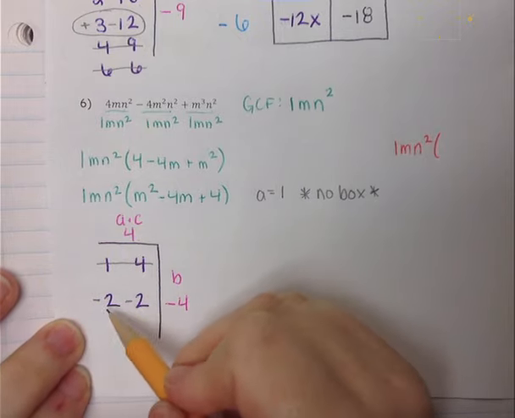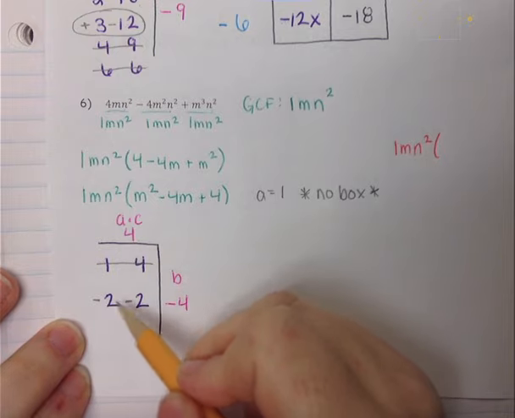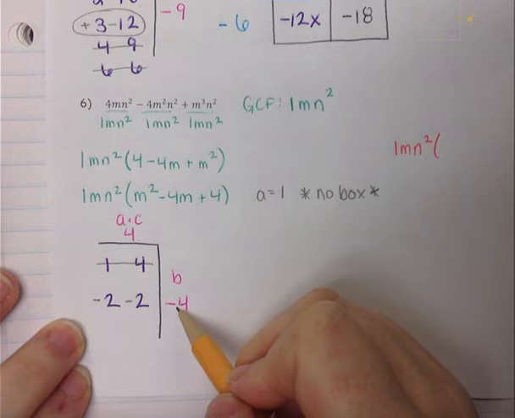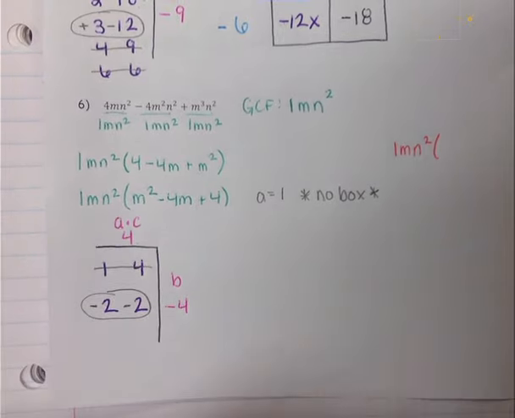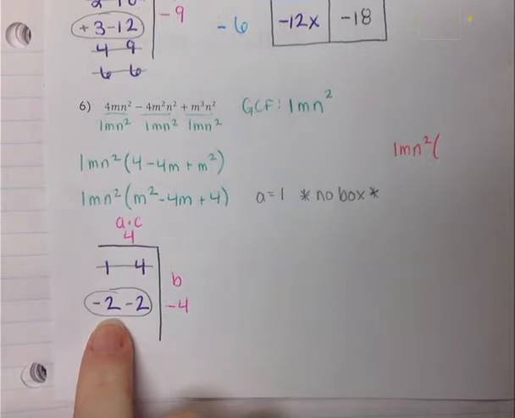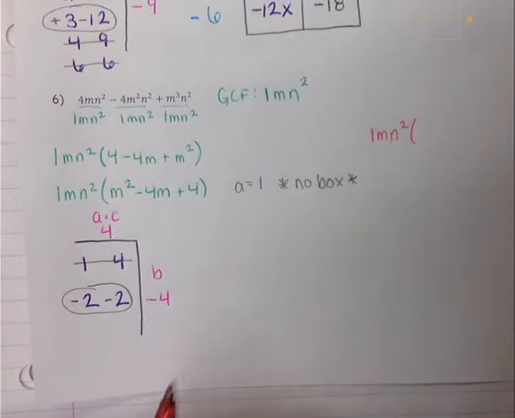So mac, negative 2 times negative 2 is a positive 4. Negative 2 minus 2 is negative 4. So these do macab correctly. So with that being said, since we don't have to use the box, we can actually go ahead and put these into our answers. So we will have 2 sets of parentheses.